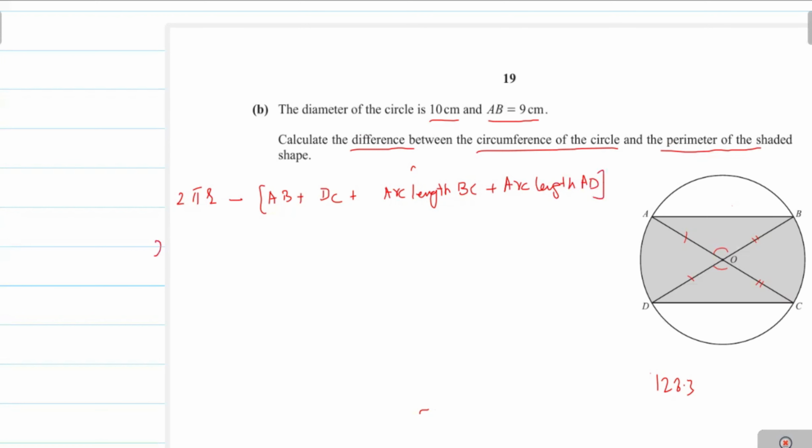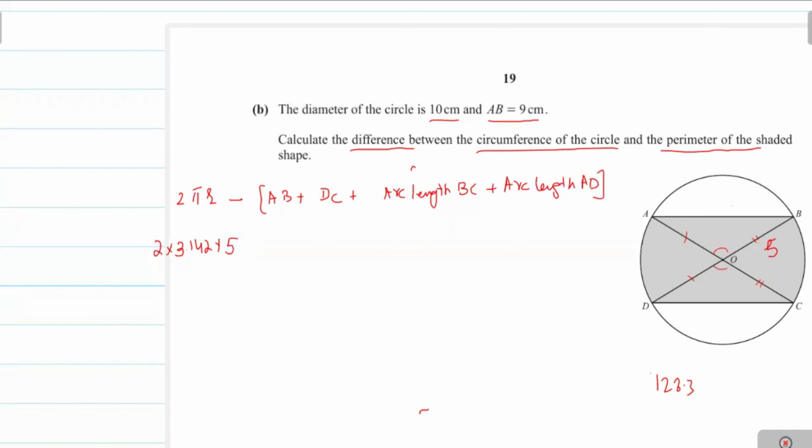Firstly, we find 2 pi r, 2 into 3.142, multiplied by the radius of the circle. Here the diameter is 10 centimeters. Therefore, the radius of the circle is 5.